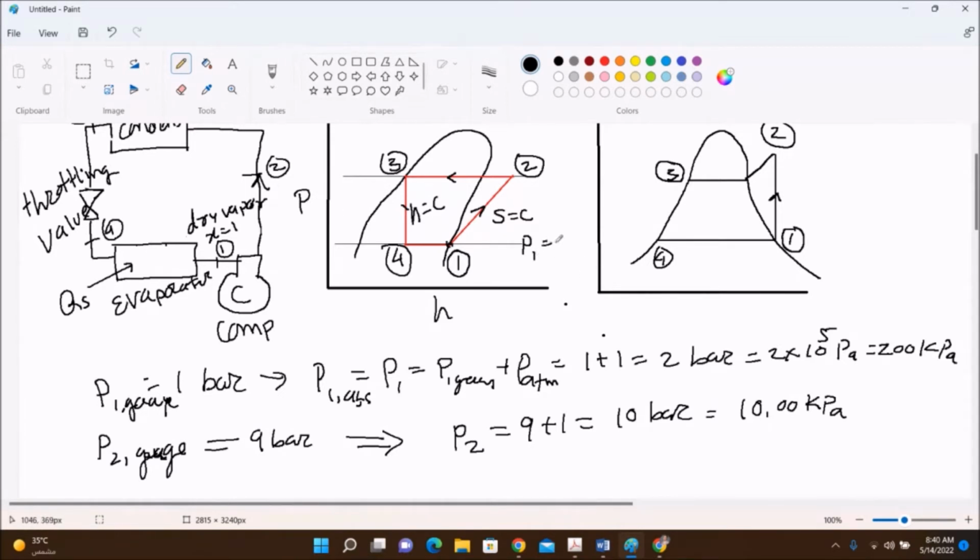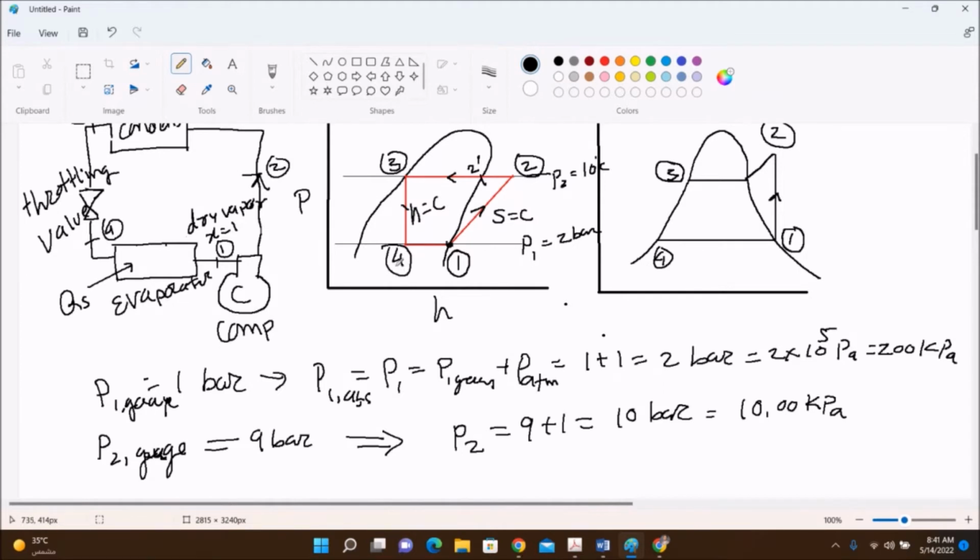So this is P1 2 bar and P2, this pressure is 10 bar. Go to the saturation table and find out. So point 2 dash is here. So point 1, 2 dash, 3 are on the saturation curve. So I will get the properties at those points from the saturation table.